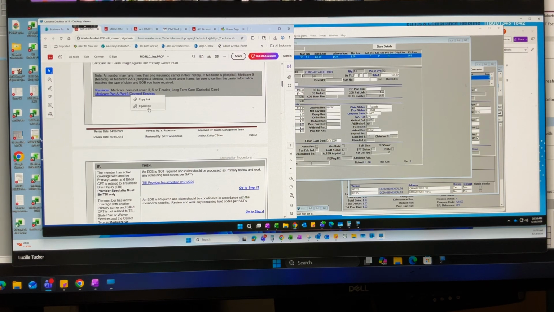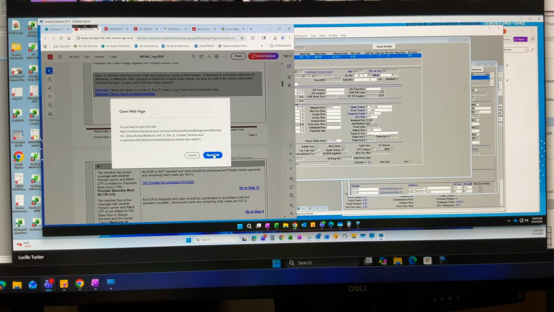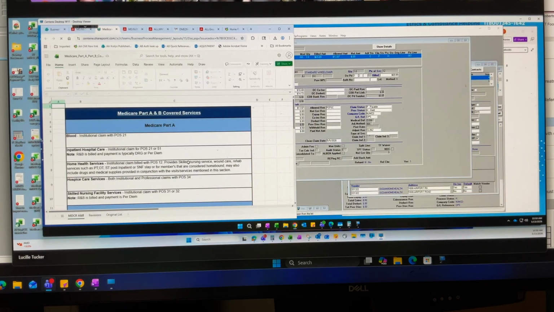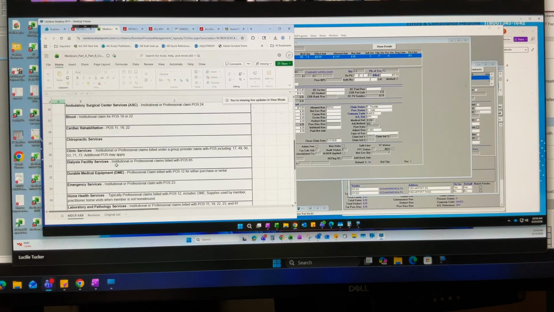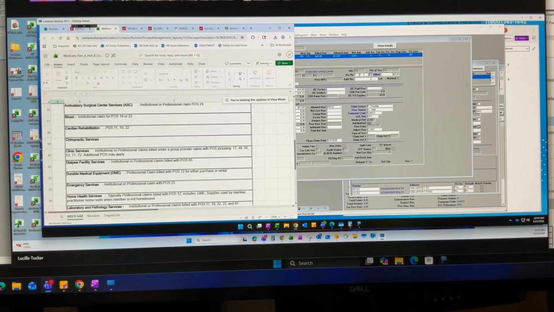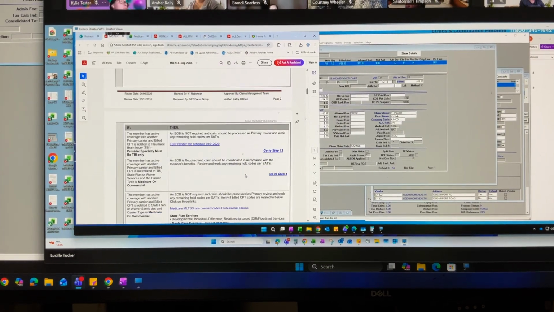So I'm going to open the link here of what is covered under Medicare A, Medicare B. So this is the new link. And my claim is for durable medical equipment, so it would be covered under Medicare Part B.